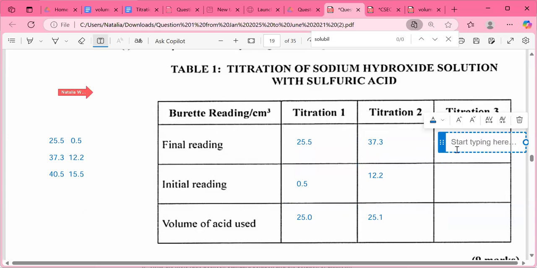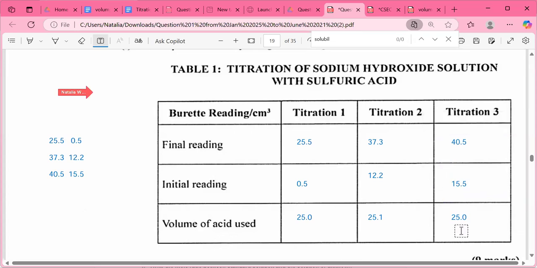Final reading for the last one is 40.5. Then I have 15.5. And then I have 25.0.